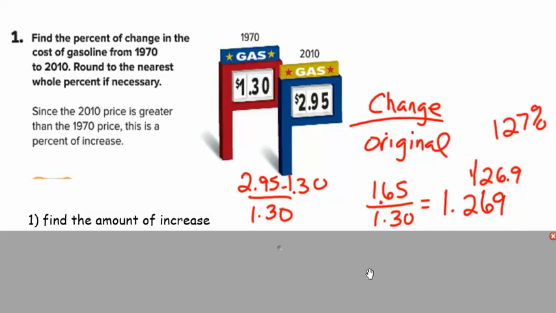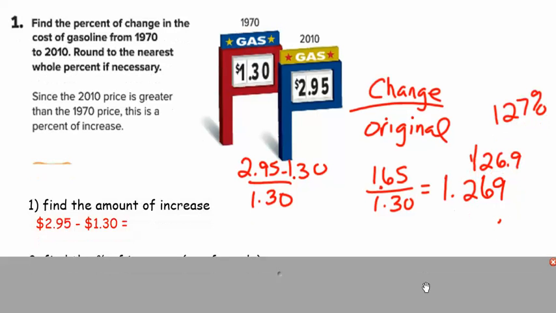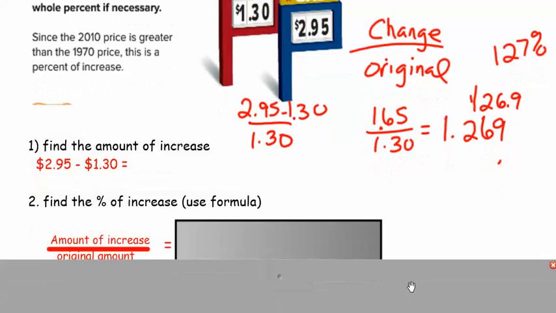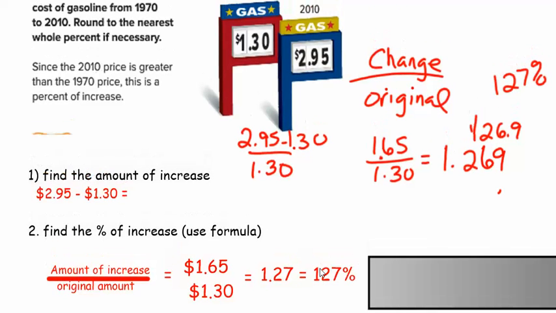It went up, so the increase was 127%. Oops, I sat there and did it all for you. Remember, it's the change in cost, so just find the difference over the original.